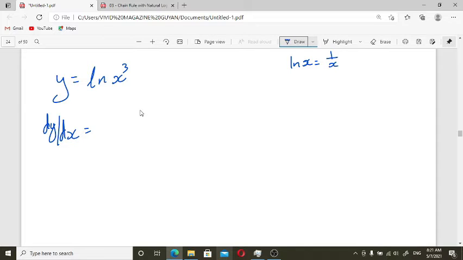So you're going to put 1 being divided by something. If ln x is 1 over x, ln x cubed is going to be 1 over x cubed. And after that, you multiply by the derivative of the inside, which is 3x squared. So this is going to be 3x squared divided by x cubed.